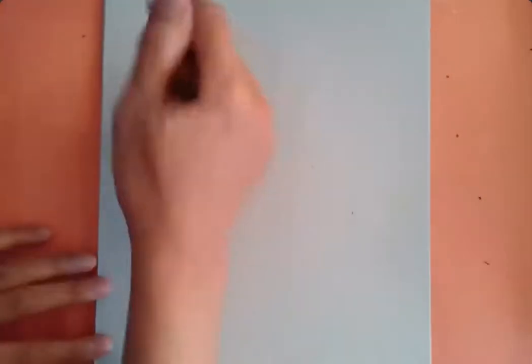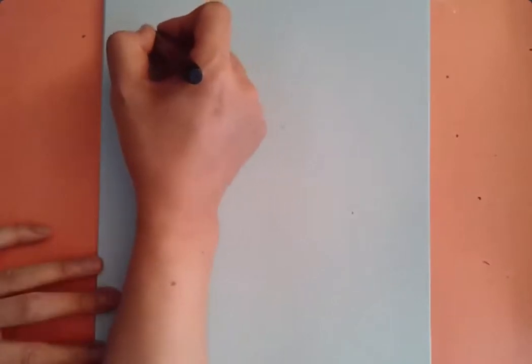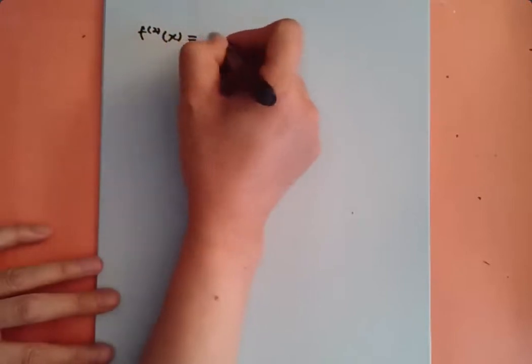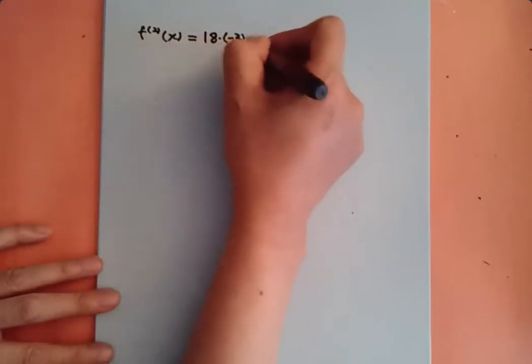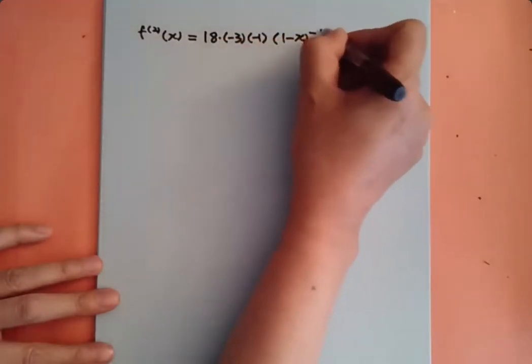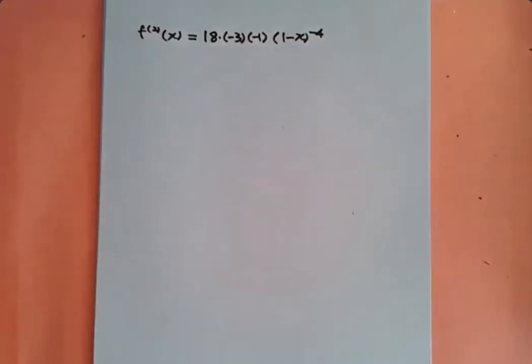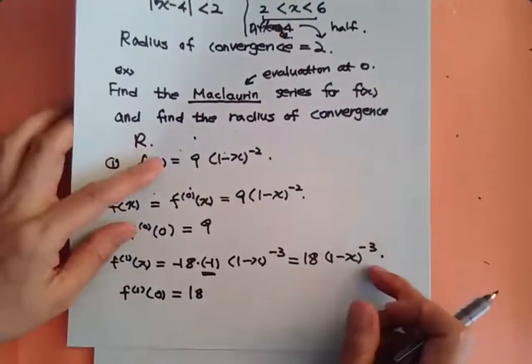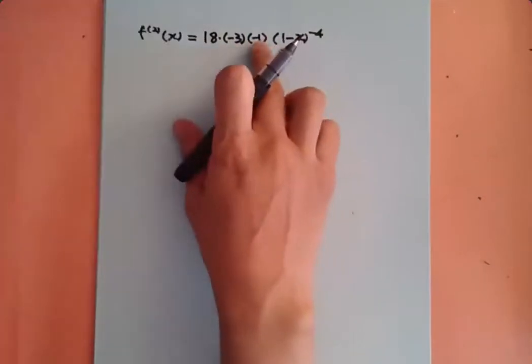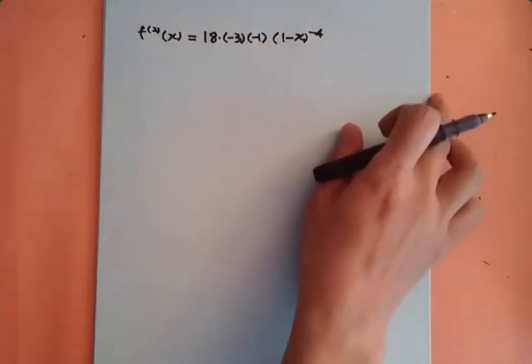And let's do the second derivative. That is 18 times -3 times -1 times (1 - x)^-4. So 18 comes from here, -3 comes from the power, and this -1 comes from the chain rule, right?